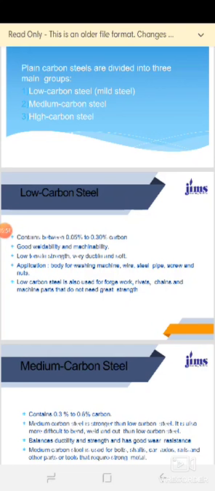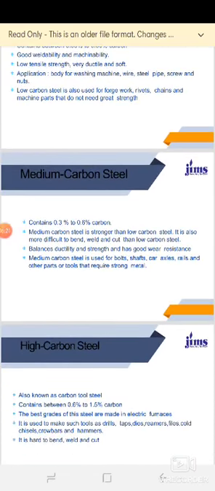Its main applications are the body of washing machines, wire, steel pipe, screws and nuts. It is used in manufacturing of these components. Low carbon steel is also used for forge work, rivets, chains and machine parts that do not need great strength.